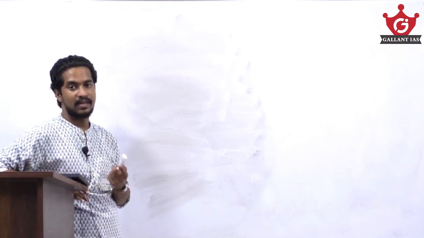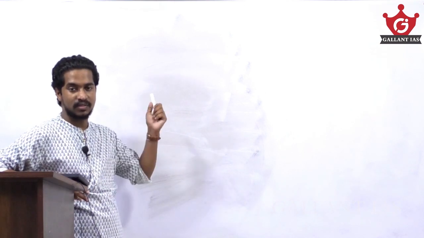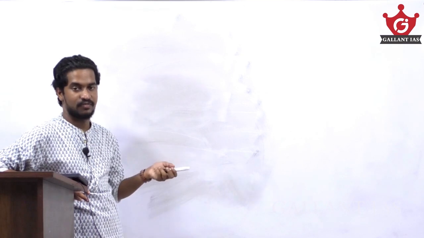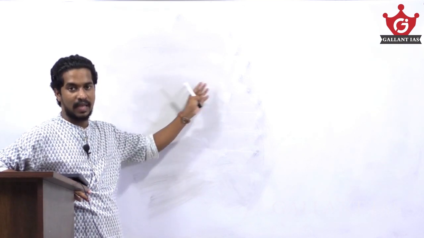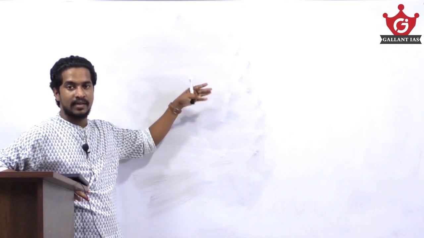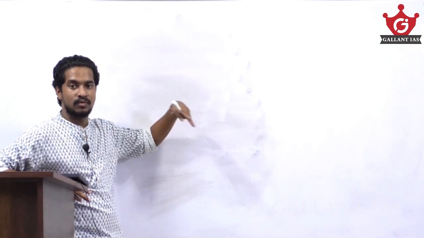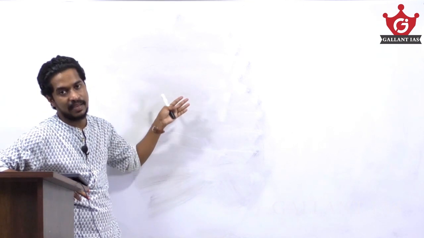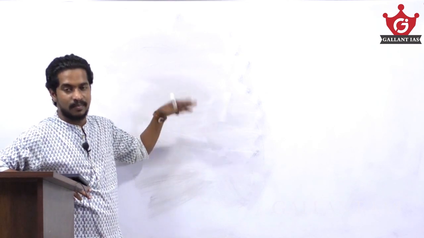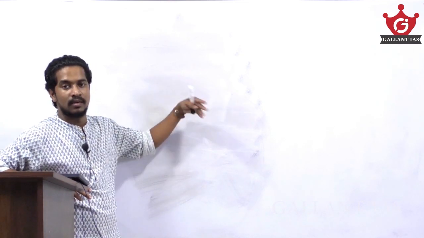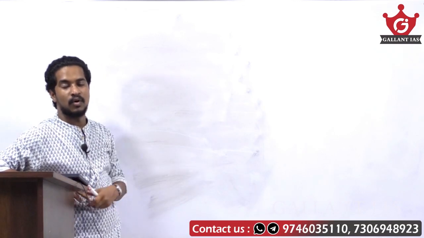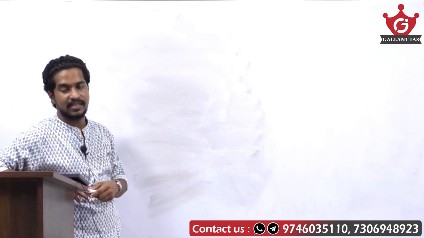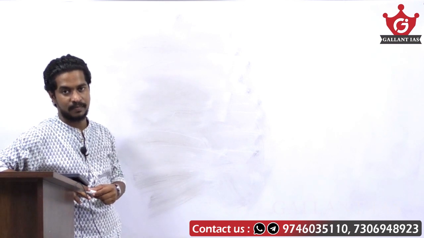In the next class, we are discussing the general characteristics of fungi, the definition of fungi and their general characteristics, their mode of nutrition, the vegetative thallus organization of fungi, and reproduction. Under reproduction, we discuss the vegetative mode, asexual mode and sexual mode of reproduction.